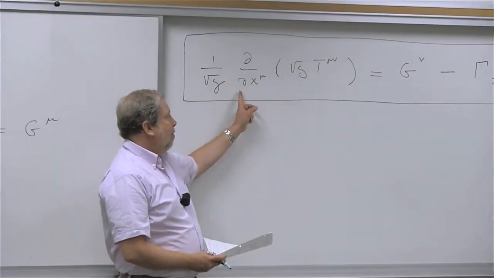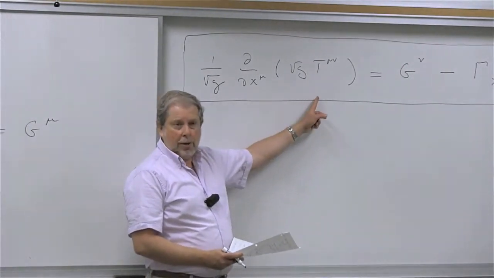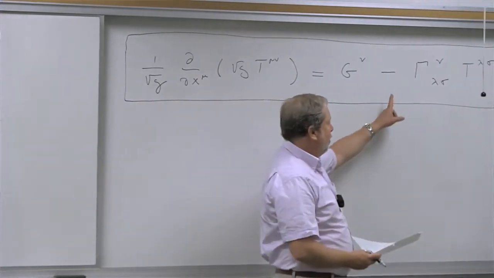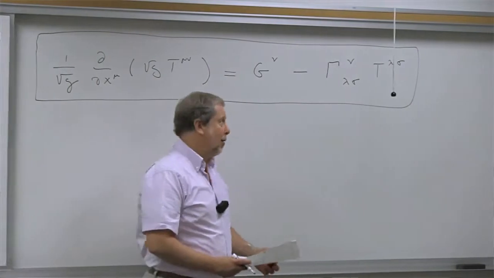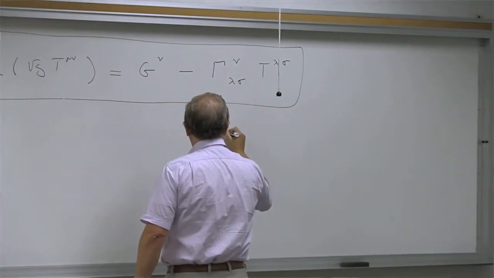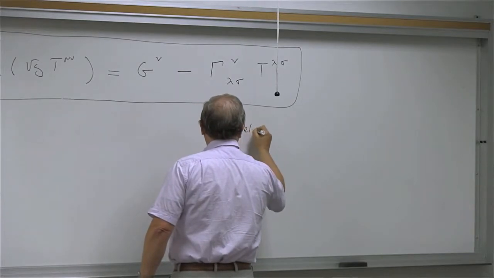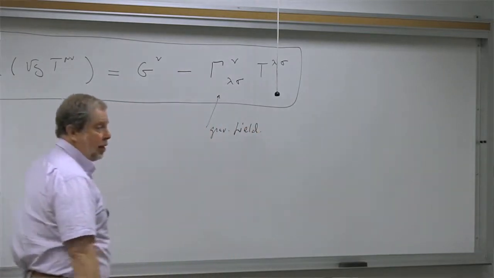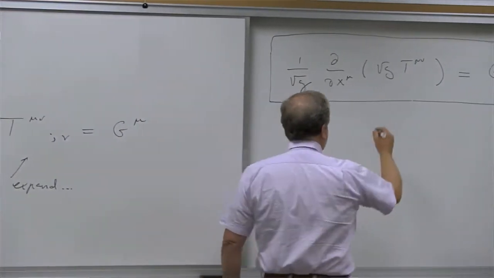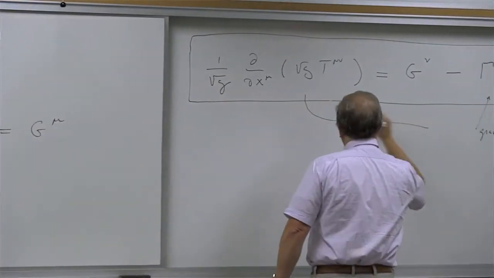So whatever flow of energy momentum you have due to the matter contribution, there's going to be a piece of it that involves explicitly the gravitational field. So the gravitational field is in here, right? The gravitational field appears in the gamma affine connection. And of course, it appears also here, right?